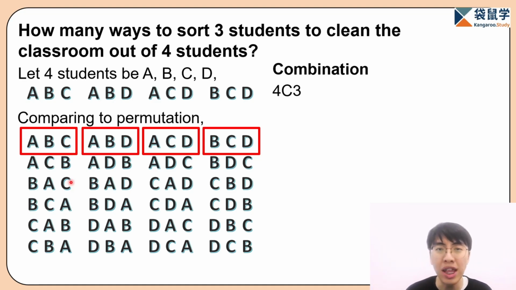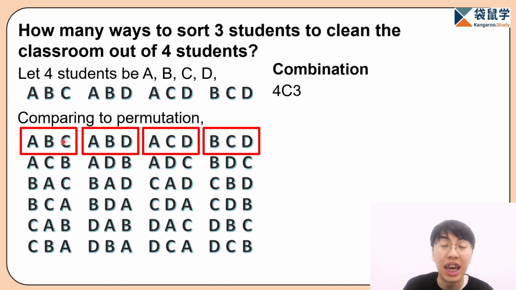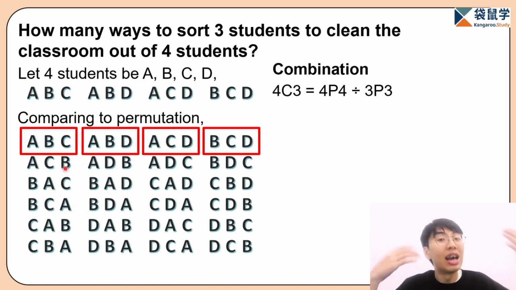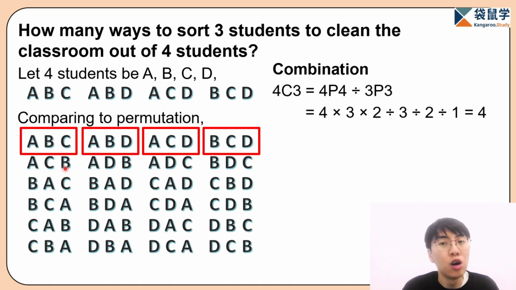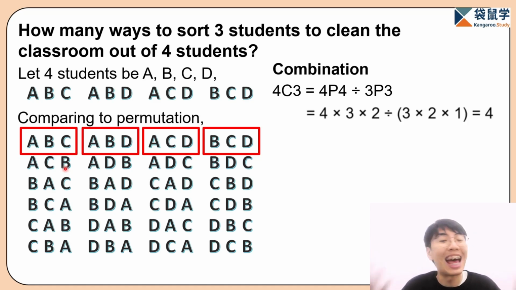So for our combination, we can take 4P3, then divide by the number of individual permutations within the group, which is 3P3. And that gives us our answer, which is 4 times 3 times 2 divided by 3 times 2 times 1. And that gives us 4.